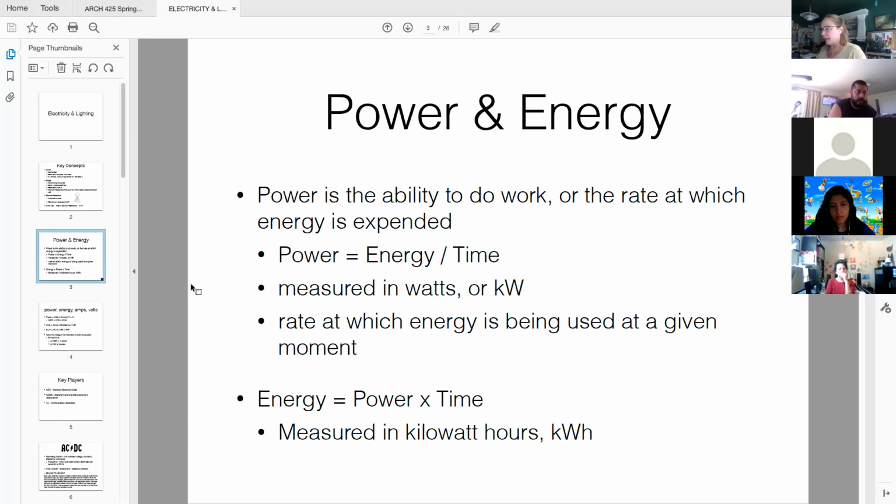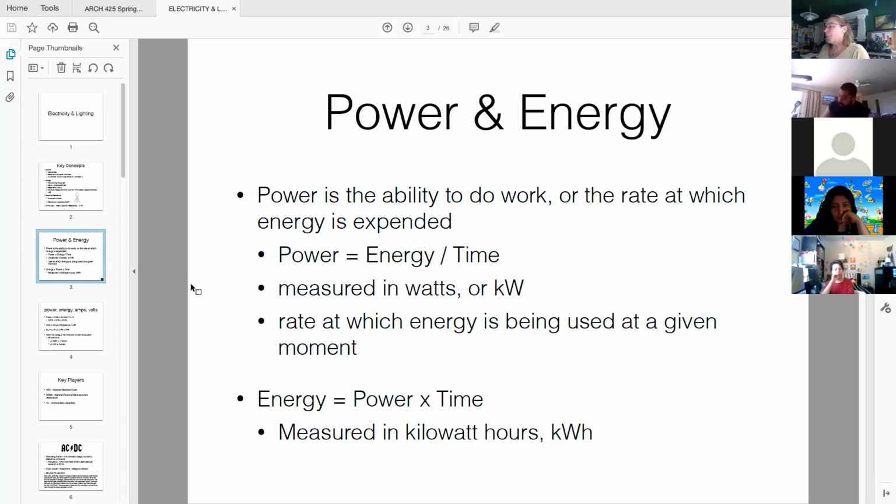So when we're looking at PV systems, we looked at modules and module cut sheets and how a module is rated for a certain number of watts, like 300 watts or 350 watts. That's the theoretical maximum of the absolute amount of power that that PV module could produce at an instantaneous moment under 100% ideal conditions.